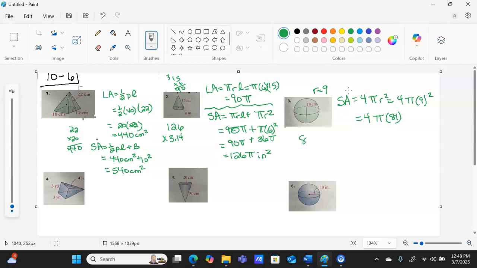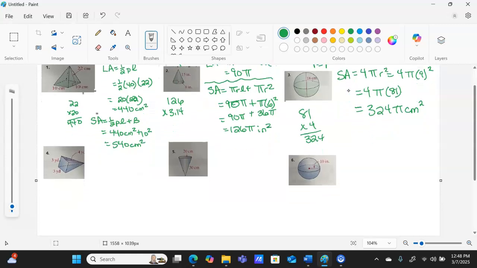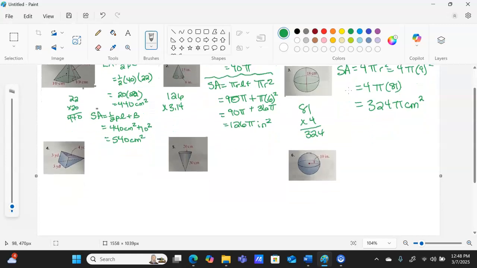And then I need to multiply my 81 times my 4. And I get 324 pi centimeters squared. And again, if I needed to get that as a decimal, I would need to multiply by 3.14.